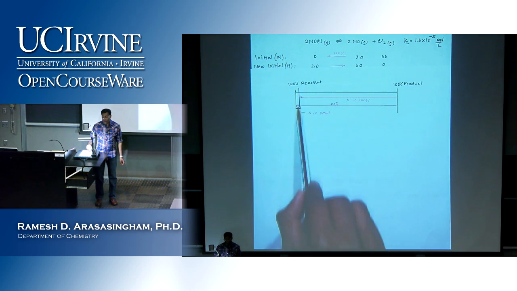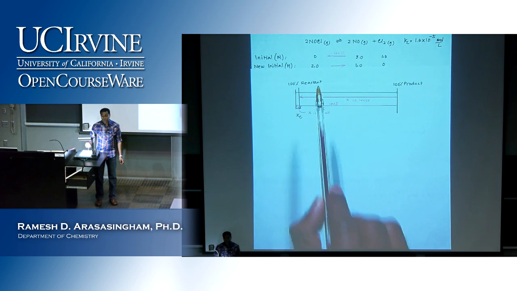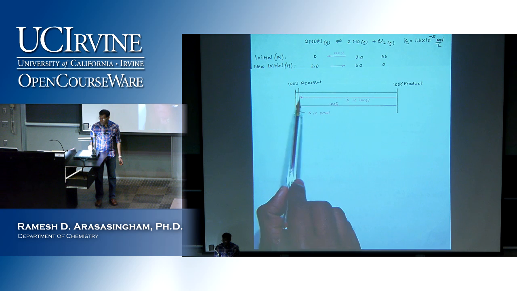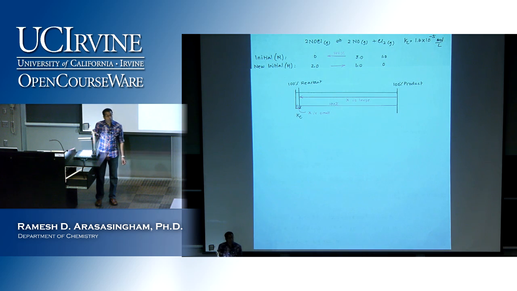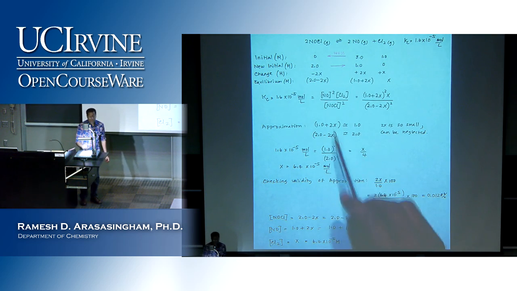When equilibrium is established, it only reacts to a small extent, so it's going to have lots of reactants and very little product being formed. That's why now we can make these approximations.